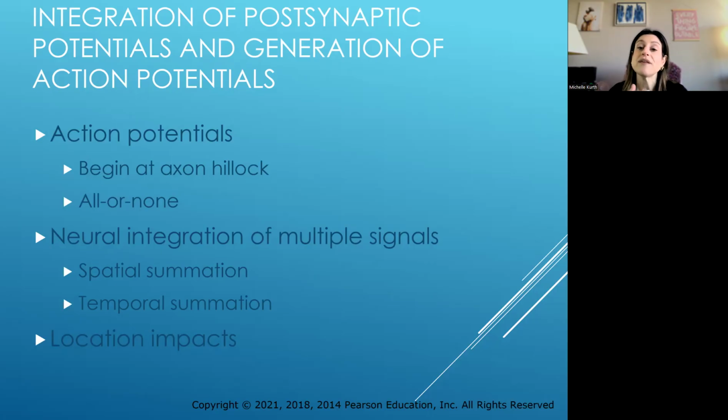Inputs that arrive closer to that axon hillock, which is that decision point, have more influence than signals that arrive far away on those dendrites, those tree-like branches. It's like being closer to the microphone, okay? Your voice carries more weight in the decision. So the neuron is constantly doing this balancing act where it's adding up these inputs in space and time, deciding if the threshold is reached, and then firing an action potential if it is.